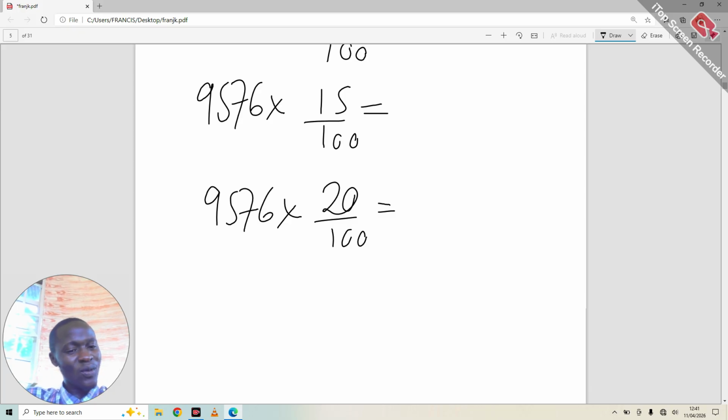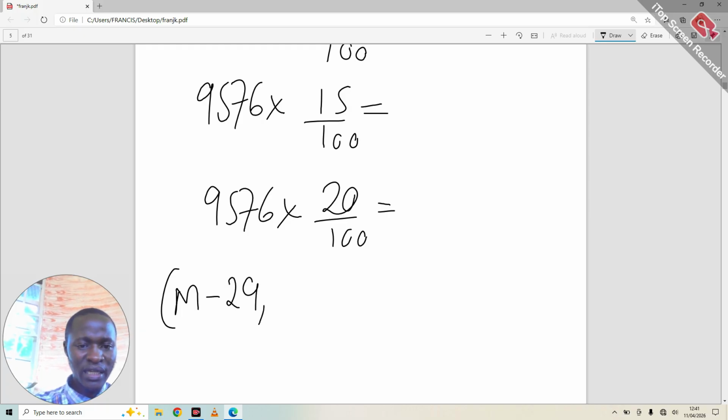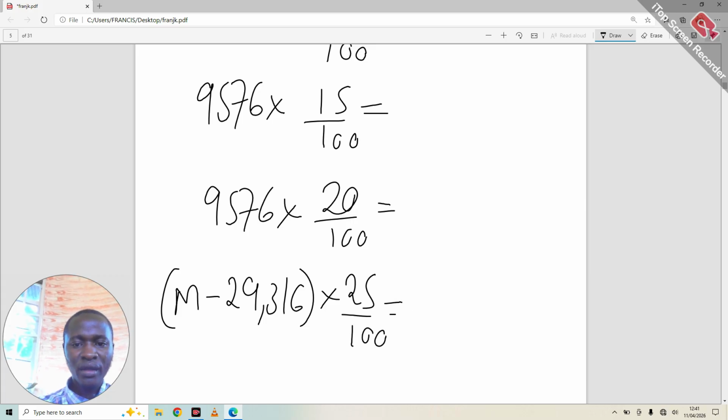So let it be any unknown letter. Maybe for me I'll use M. So it is M minus the previous amount, just on the right-hand side, that is 29,316. You multiply by what? By 25 all over 100.